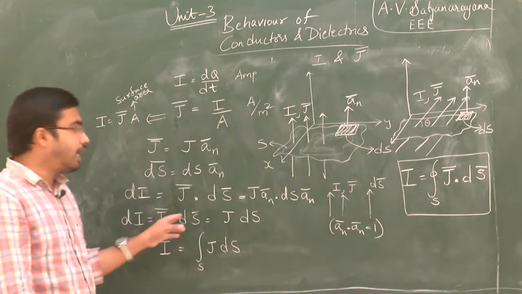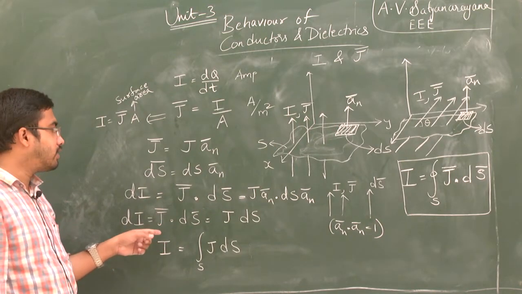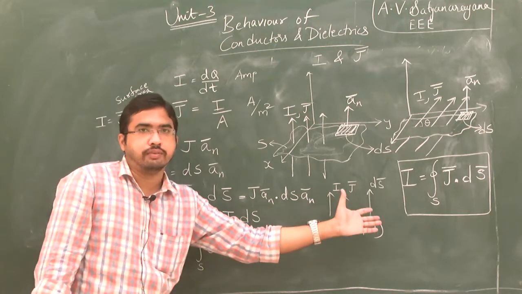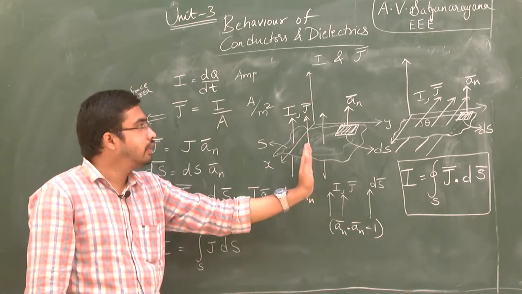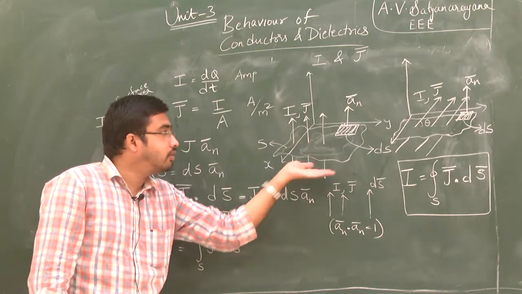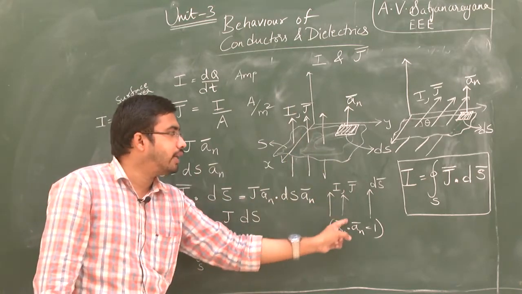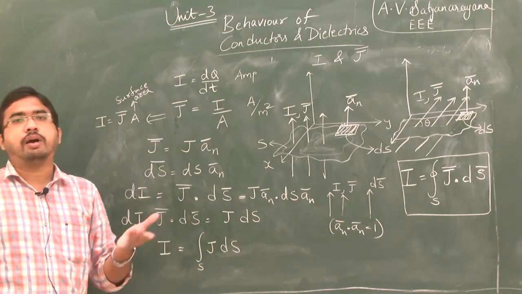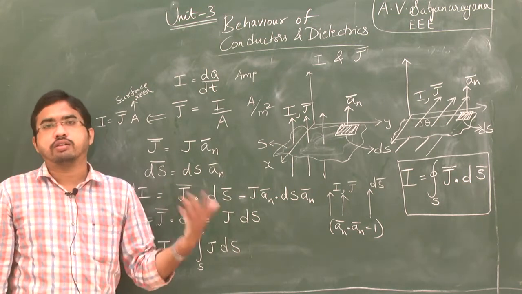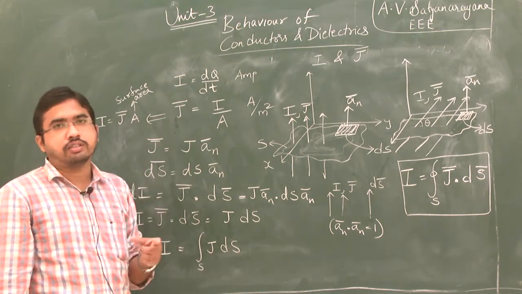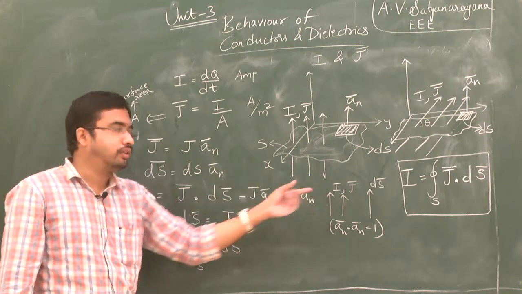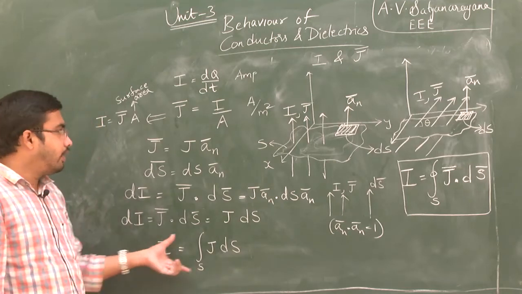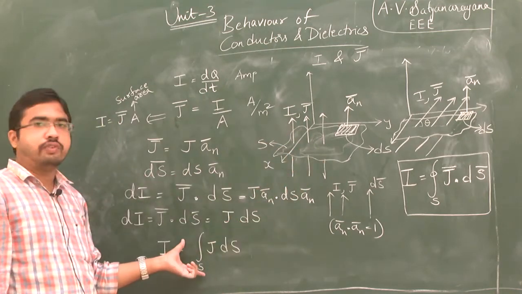If you consider the first case, the angle between I bar, j bar and ds bar are all zeros, because you are considering that I and j are perpendicular to the surface area. So if you take the dot product, what is a bar dot b bar? Mod a mod b cos theta. If you substitute 0, then you will get simply a b. So if it is at right angles, then the formula is very simple.